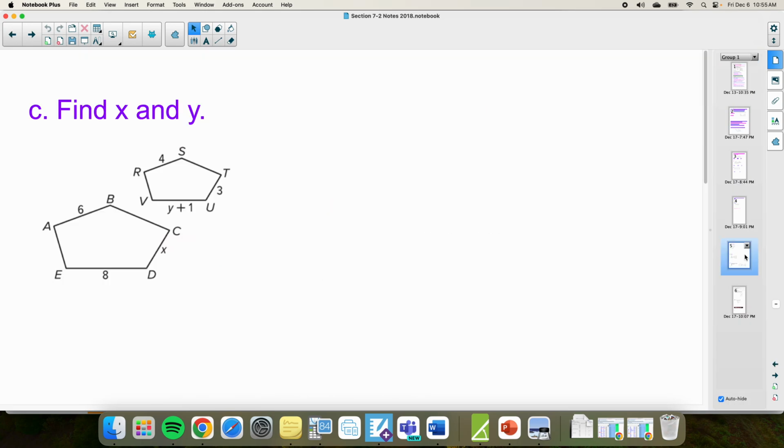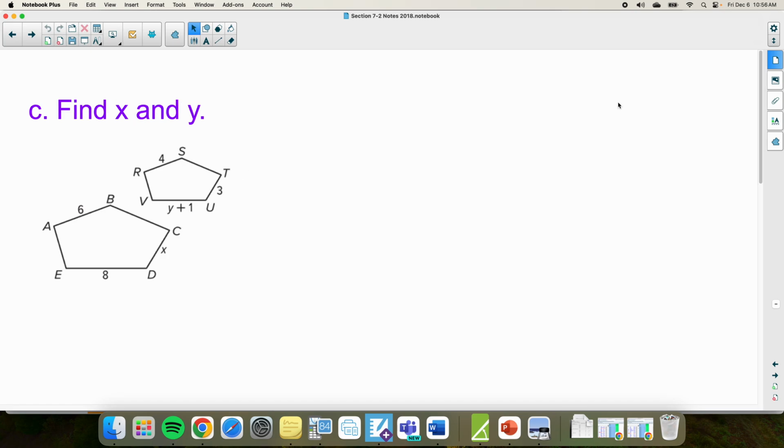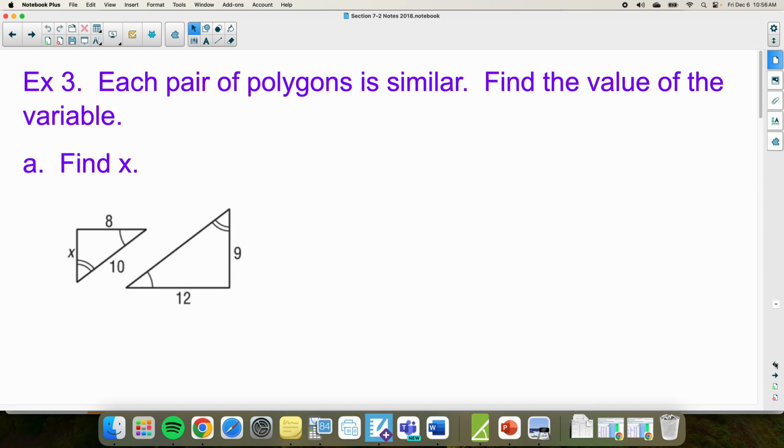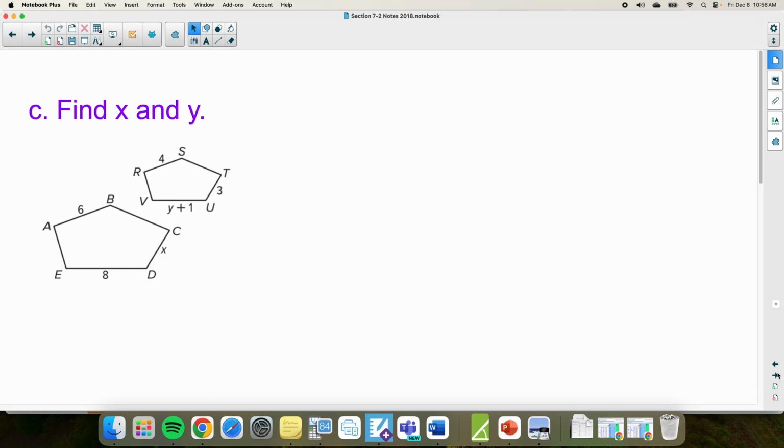So we're going to finish up these 2 pages, and one of the things that I didn't copy onto this page that I can show you from yesterday is that we can assume that each of the polygons in the questions we're doing are similar, and they want us to find the value of the variable, okay? So in this one, we have 2 variables, and they don't have any angles marked.